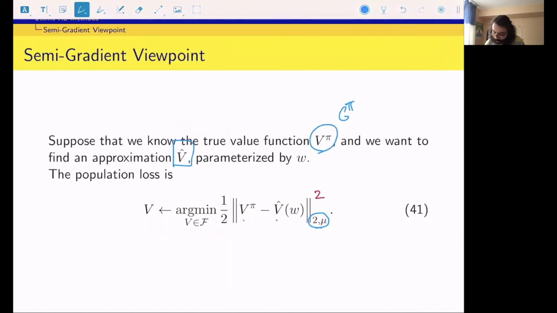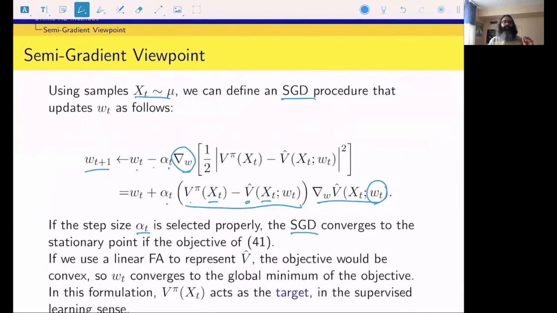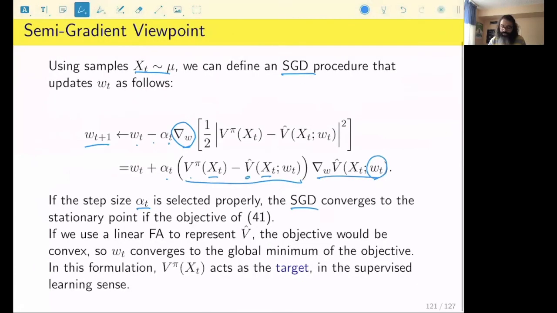So if I use, say, φ transpose of X times W here, I would have terms like this, which are convex as a function of W. You can verify it easily. This means that the global minimum is unique. So if I choose the step sizes or learning rates properly, then W_t converges to the global minimum of the objective.